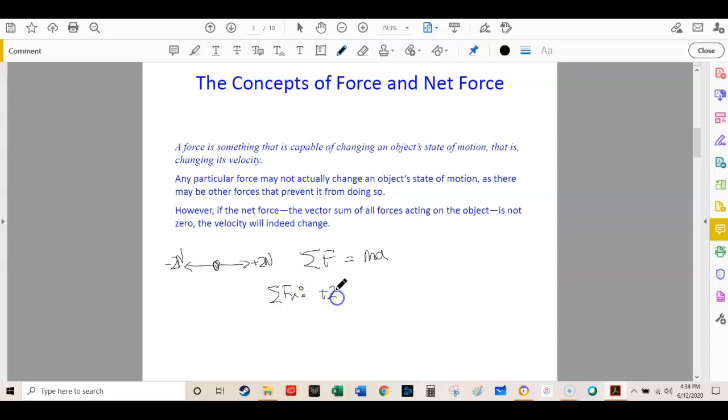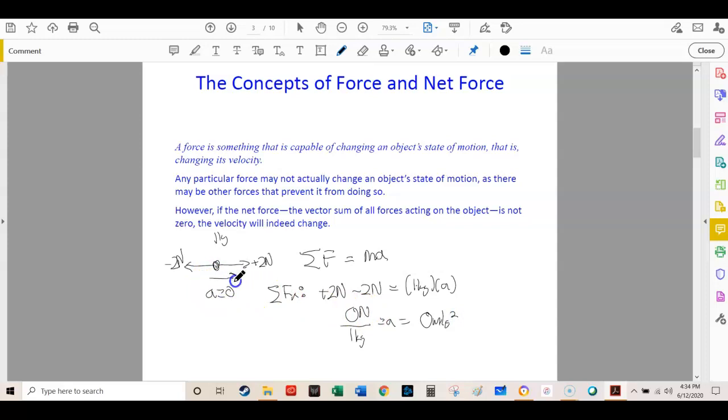You go positive 2 newtons to the right, negative 2 newtons to the left, and let's say this is a 1 kilogram object, and you set it equal to mass times acceleration. That would mean 1 kilogram times the acceleration. This will be 0 newtons divided by 1 kilogram, which will be equal to the acceleration, which is equal to 0 meters per second squared, which means there is no acceleration vector on this object.